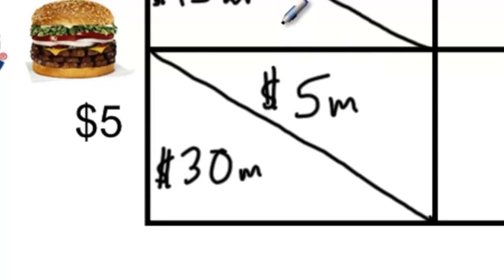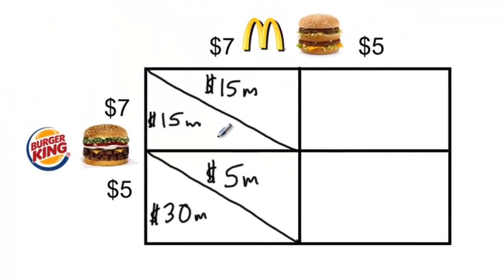The rationale behind this: now Burger King has the more competitively priced hamburger meal, therefore a large percentage of McDonald's customers will shift their demand to Burger King and will consume fewer Big Mac meals as a result. Now what if Burger King had kept its price at $7 and McDonald's had lowered its price to $5?